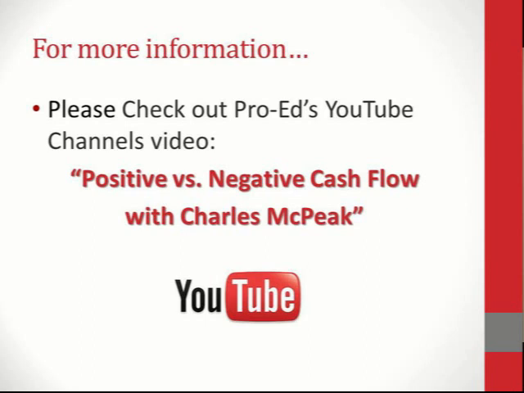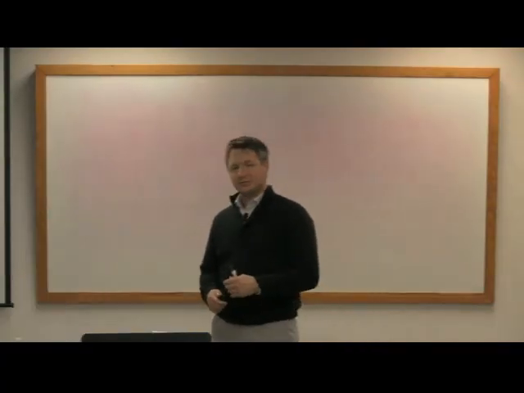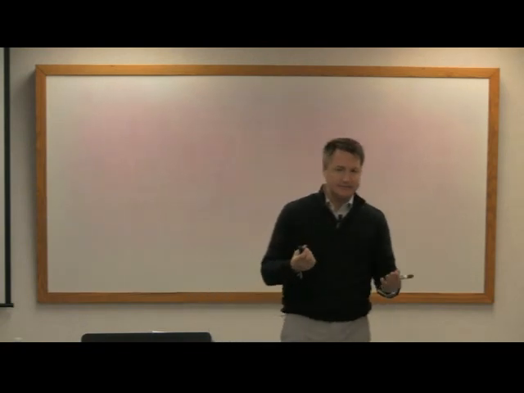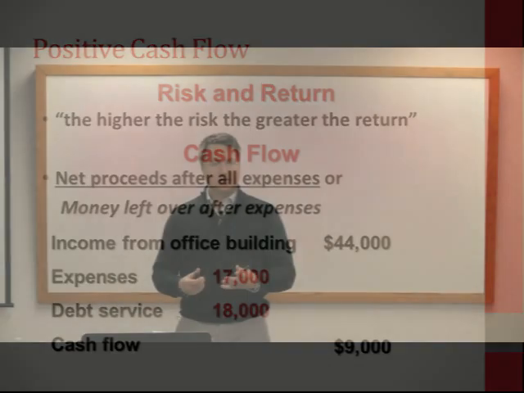So I have a video that's going to show positive cash flow versus negative cash flow. As explained in the video, we have positive cash flow and negative cash flow. Cash flow, just to define it, is the net proceeds after all the expenses, which makes sense.